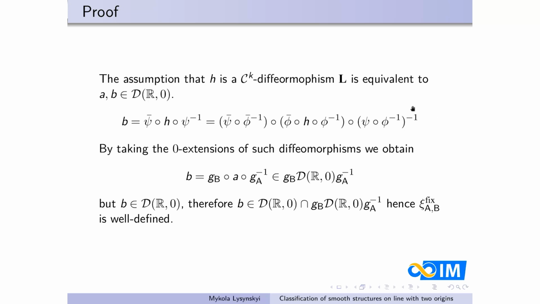By this equality we can see how a and b are connected. By taking the zero extension of such a diffeomorphism, we obtain that b is equal to the zero extension of the transition map in B, composed with a, composed with the inverse of the zero extension of the transition map in A. But b is a diffeomorphism, thus b must lie in such an intersection. Hence, this is a well-defined map.